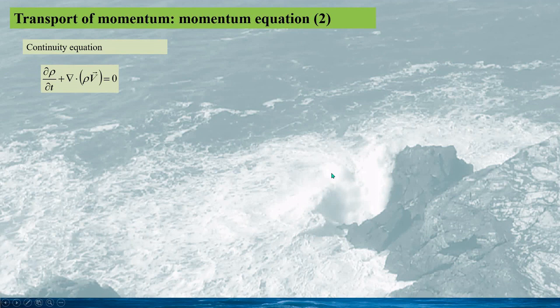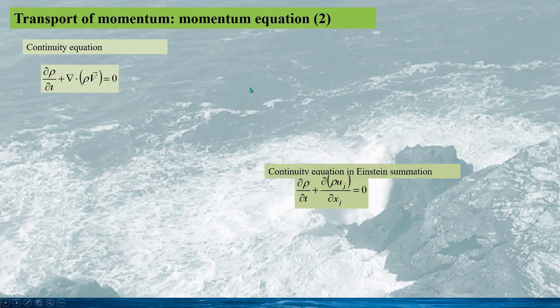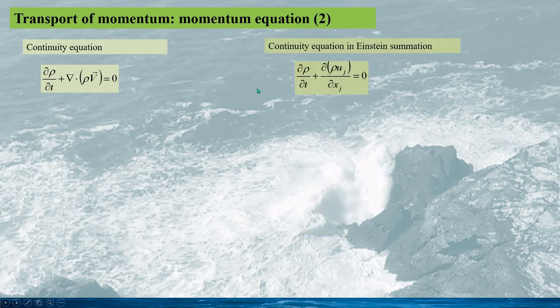In this slide, we can carry out some mathematical manipulations for the momentum equation together with the continuity equation. The continuity equation in vector form is this, and we can write this continuity equation in Einstein summation as this.